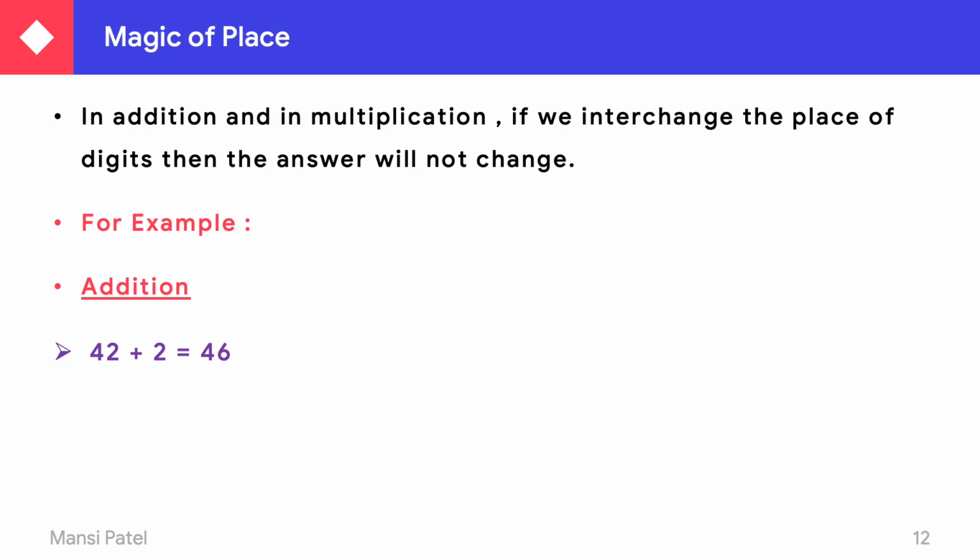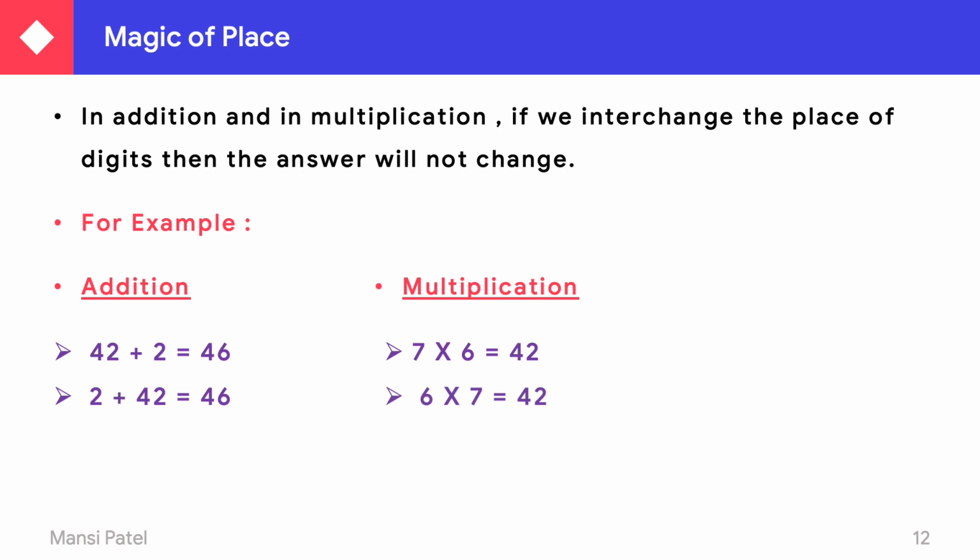And if we do the addition of 2 plus 42, then the answer is again 46. Now the same thing for multiplication. If we interchange the place of digits, 7 sixes are 42, and we can also say 6 sevens are also 42.